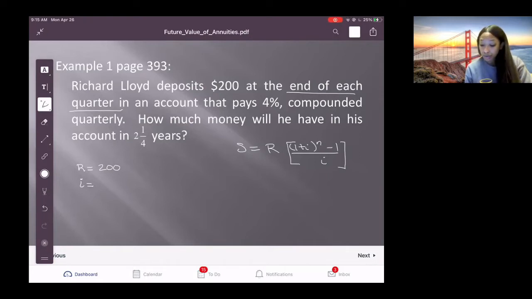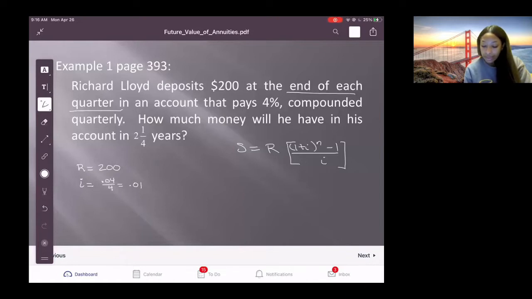So that's the interest rate, 0.04, because it's 4%, but it's being compounded quarterly. So we're going to divide this by 4. It gives us 0.01. So you'll take the interest rate given and divide by the compounding frequency. If we have 4% interest compounded quarterly, that's equivalent to 1% interest each quarter.